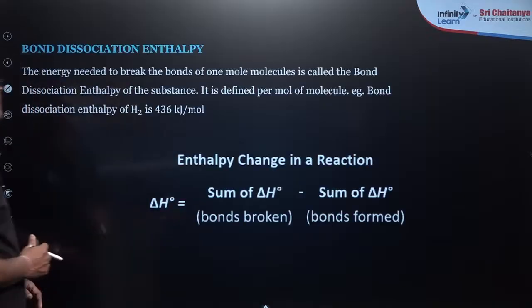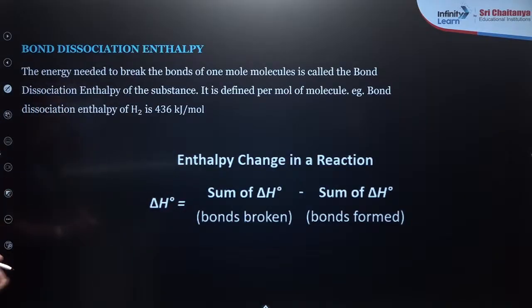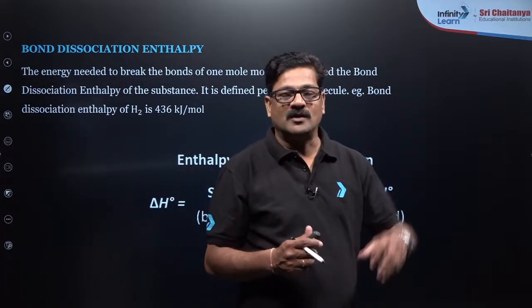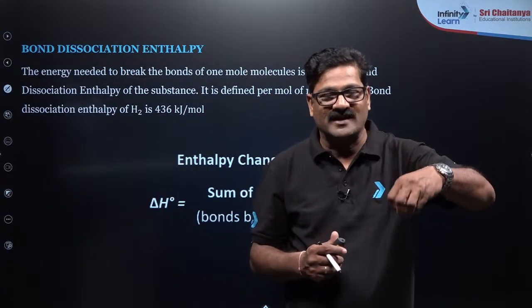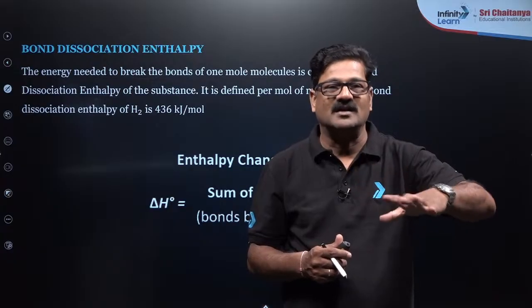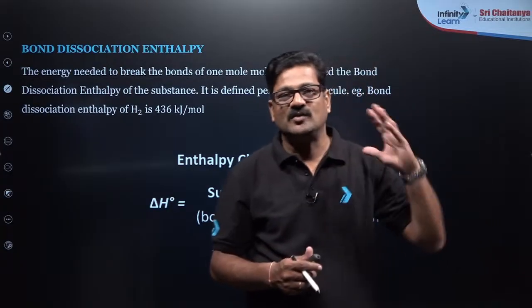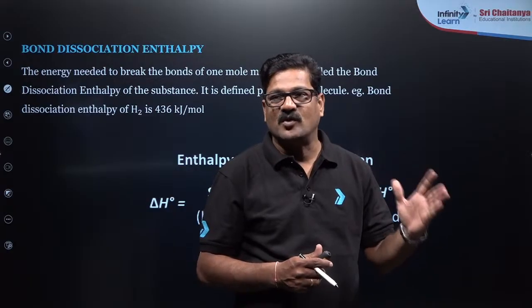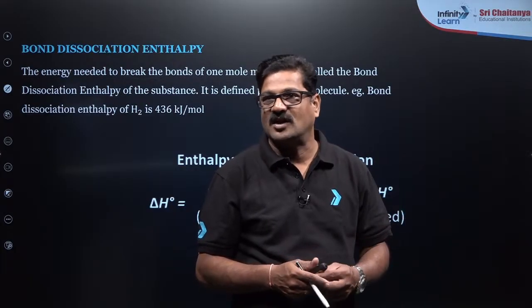And children, here, bond dissociation enthalpy. Whenever 1 mole of bonds of a type is taken and you break it and convert it into its constituent gaseous atoms, that energy is called bond dissociation enthalpy.